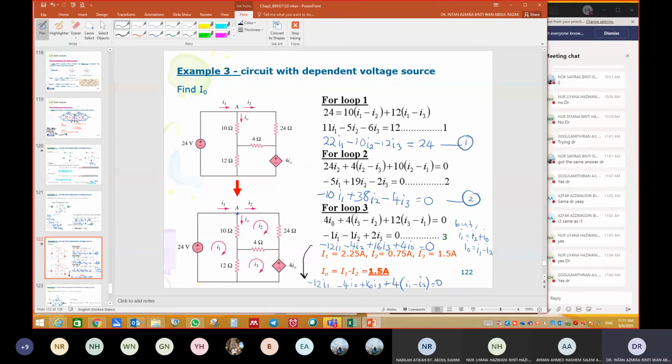Now press your calculator. Try to get I1, I2 and I3. Did you get the same answer? Same. Okay. So the question asks you to find I0. So I0 is equal to I1 minus I2. So you just I1 minus I2.